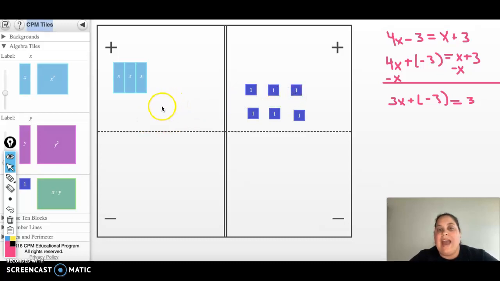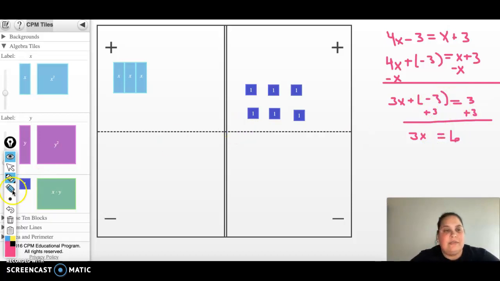So I'm adding these 3 -1s over to this side. So again, I will end up with 3x on this side because nothing has changed on the left side. And on this side, I'm going to have 6.